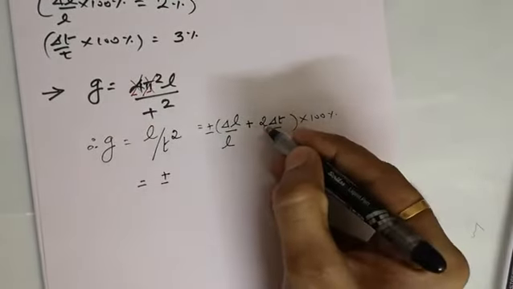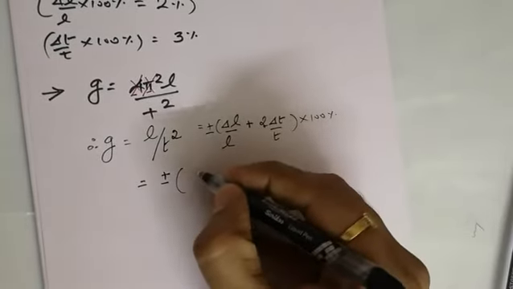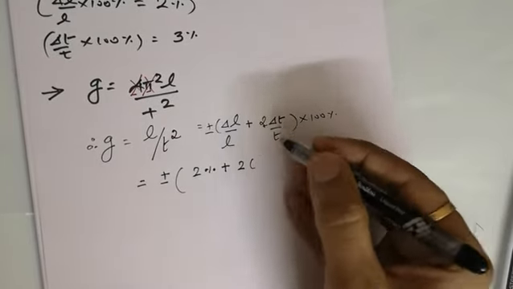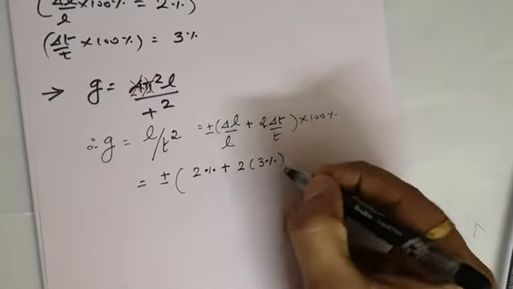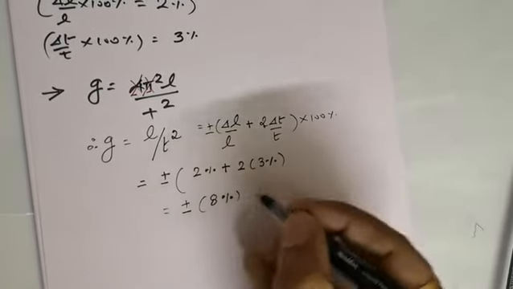Our power rule applies: the power is 2, that is why 2 is multiplied by delta t by t. Delta l by l is already given, that is 2 percent, and delta t by t is also given, that is 3%. So I can have plus or minus 8%.